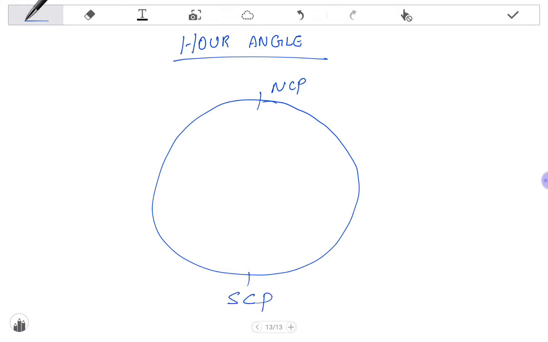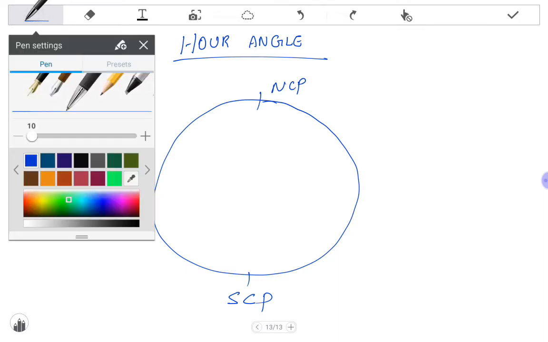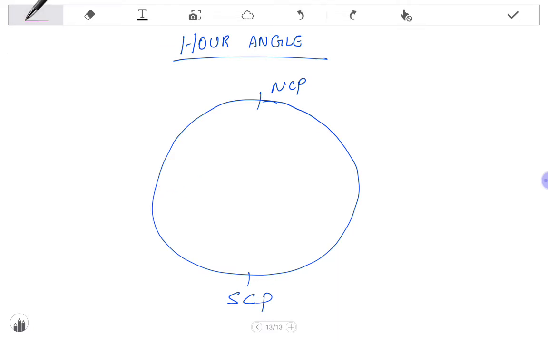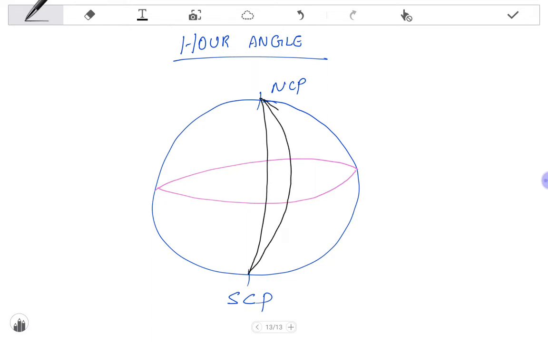We have the equinoctial here, and this is the celestial meridian, going towards the celestial poles like this.